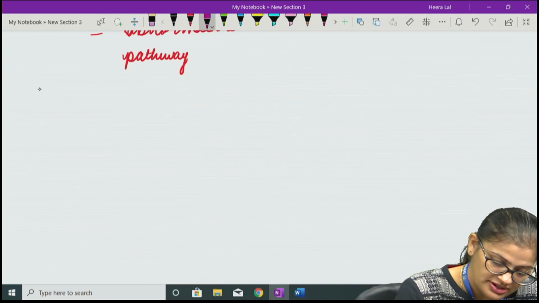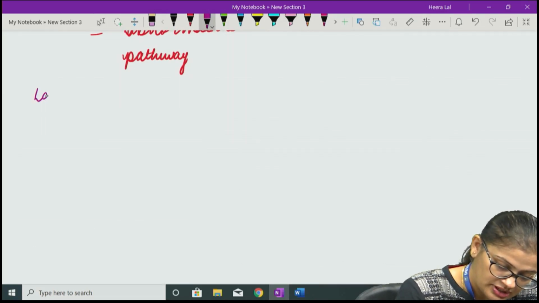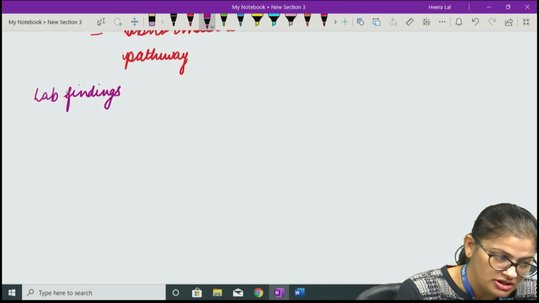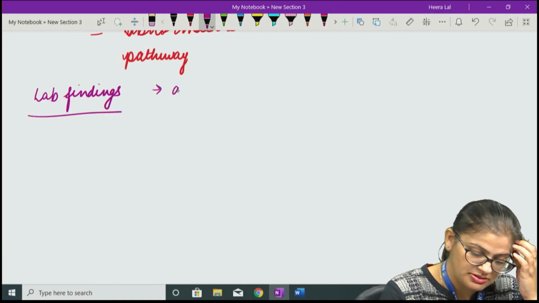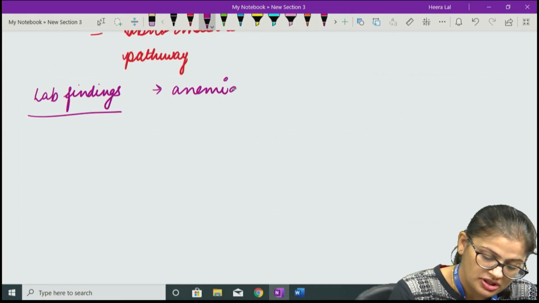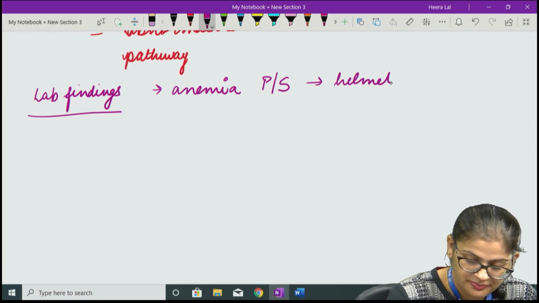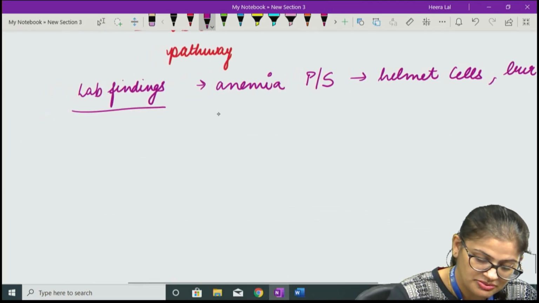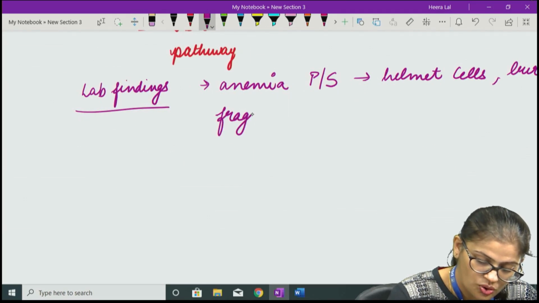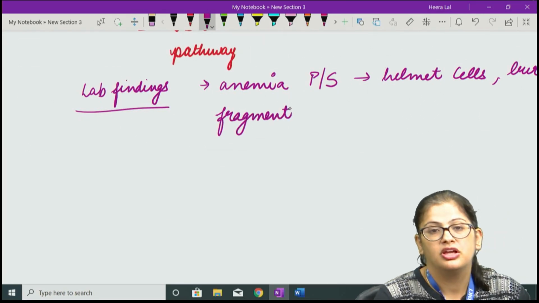Now what will you get in lab findings? There would be hemolysis, which will result in anemia. If you do a peripheral smear, you can find a lot of helmet cells, burr cells, and fragmented cells, all that point towards hemolysis.